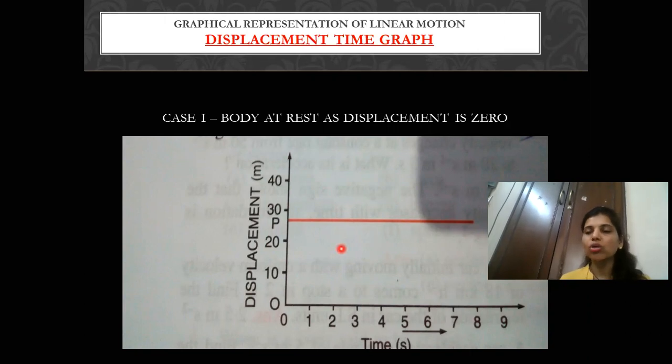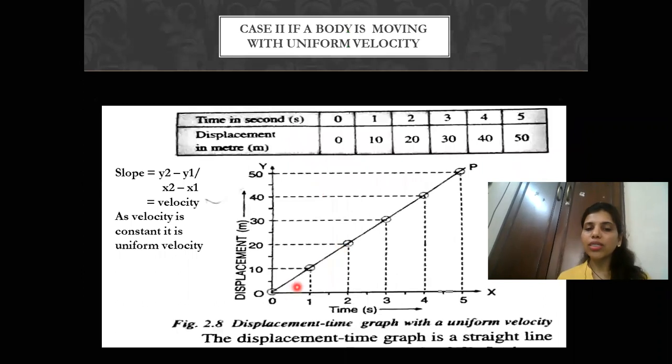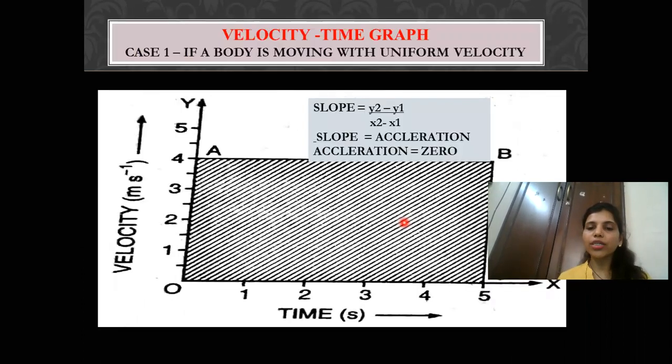Velocity is zero means it's not going to be represented. And if you want to convert this graph where you see that the displacement is changing but velocity, as you find the slope, is constant, you will take the constant value what you get and you are going to convert it into this particular graph or velocity time graph.